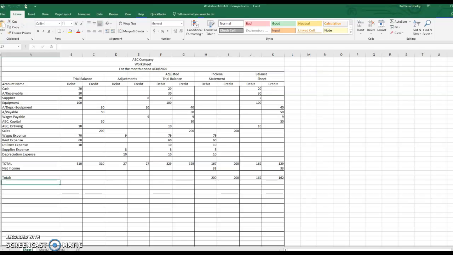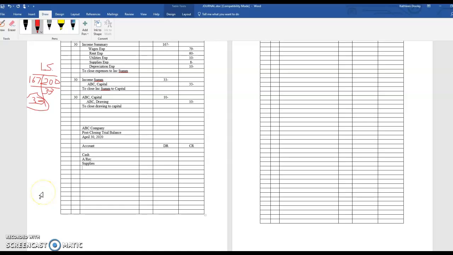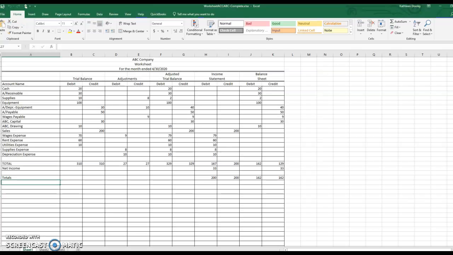Let me check here: cash, accounts receivable, supplies, equipment, accumulated depreciation equipment, and we had an accounts payable, and we had a wages payable, and we had ABC capital.